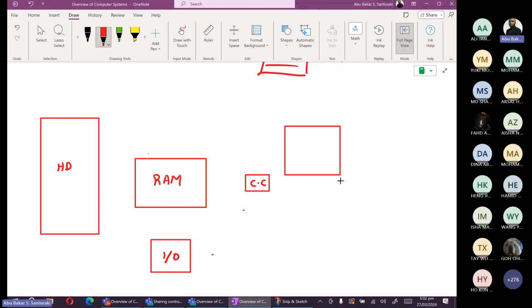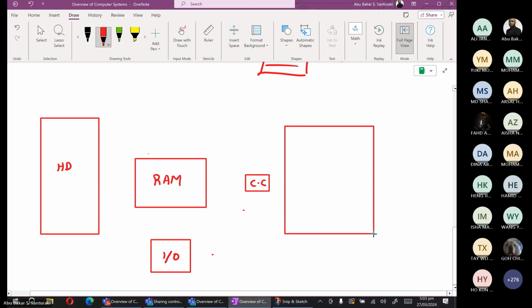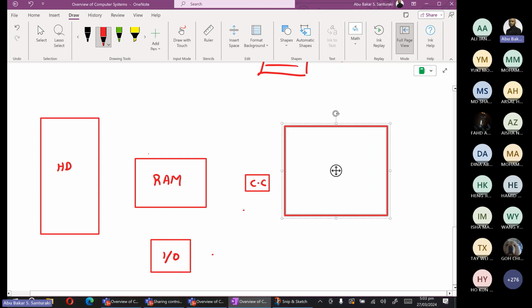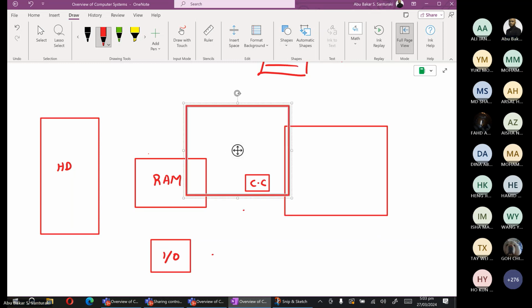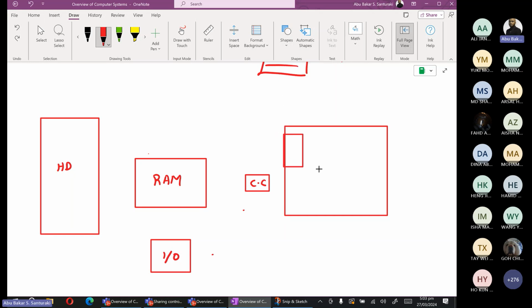Then lastly, the actual CPU core, which itself will consist of three other boxes. Let me just undo that. There we go. So there will be a box here. All right, at least we can move and resize.